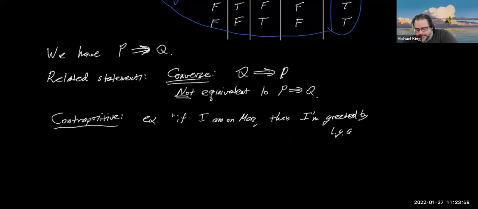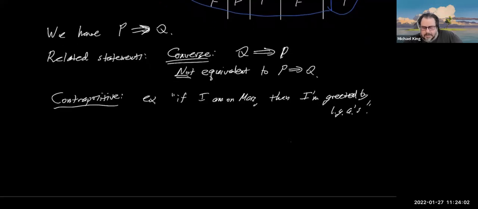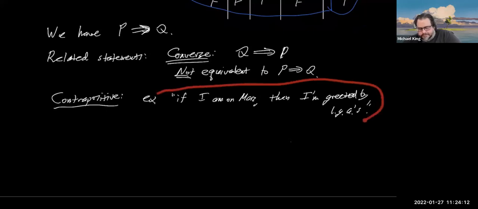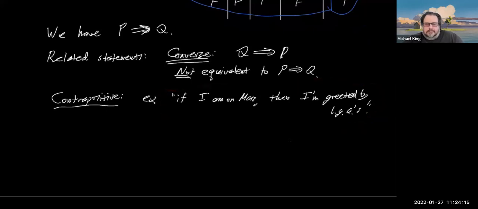What if I'm in a situation where I'm not being greeted by little green aliens? Assuming this is true, what can you tell me? What if I look around and there are no little green aliens greeting me? What do I know is true?